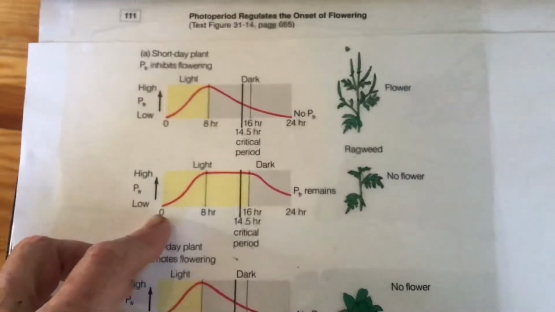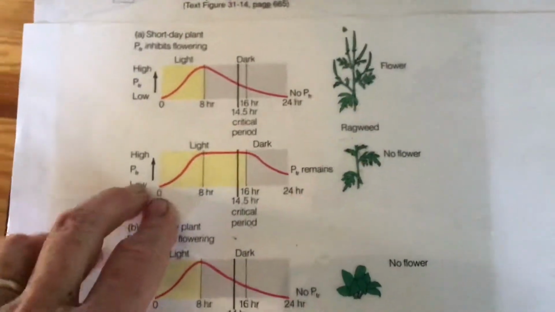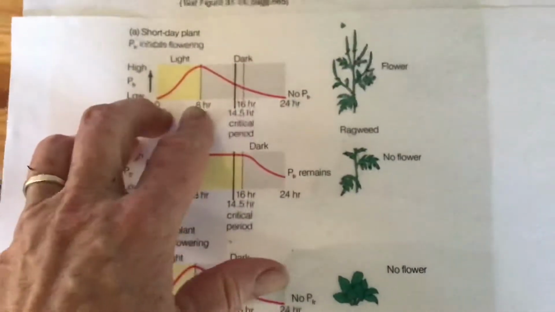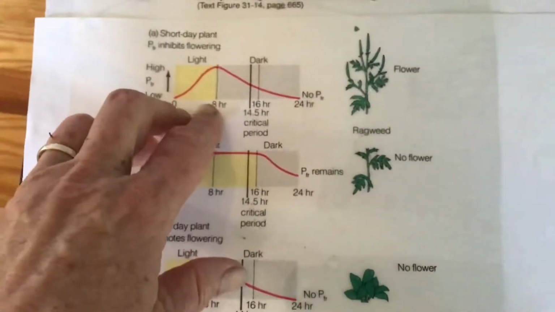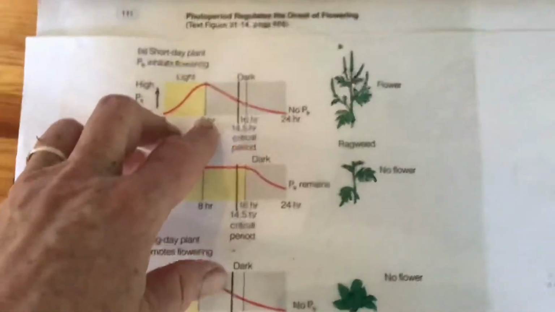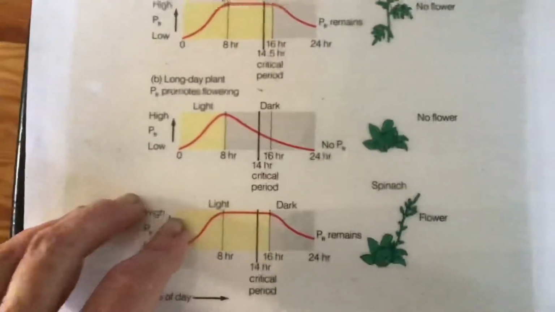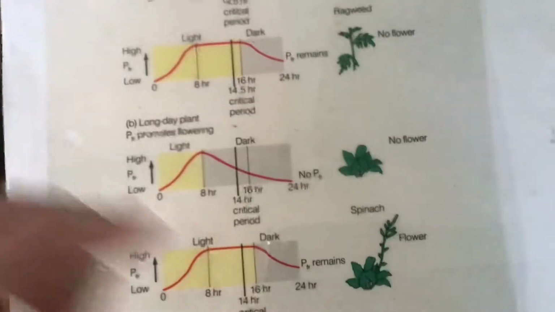So there are differences between short and long day plants. You could sum up by saying the short day plants have to have PFR low during the critical period, and the long day plants need it high during the critical period.